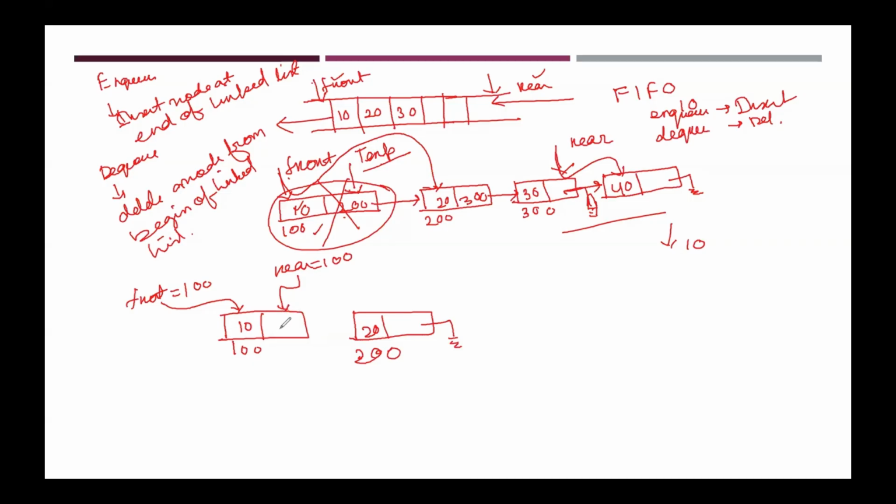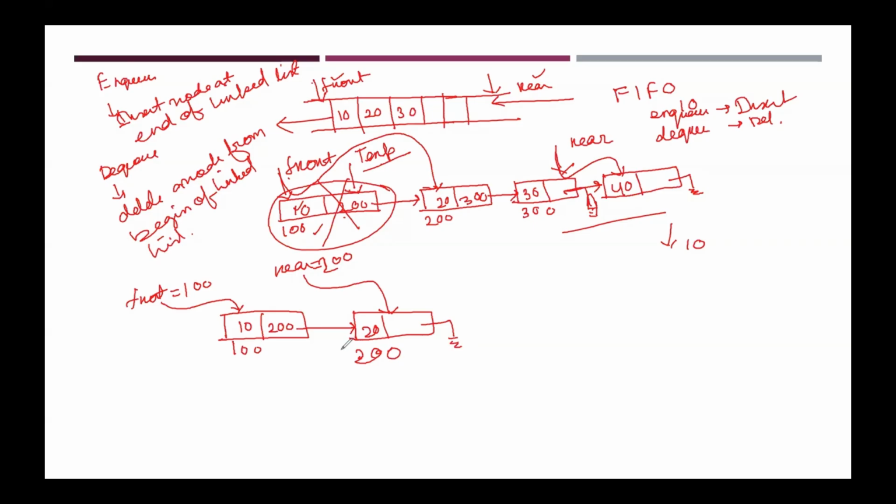Rear is 100, and its next stores the 200 value, so it makes a connection to this one. After that we make rear equal to this value. If we store the 200 value, rear points to this one. So this is the way we can perform the NQ operation of the queue with the help of the linked list.